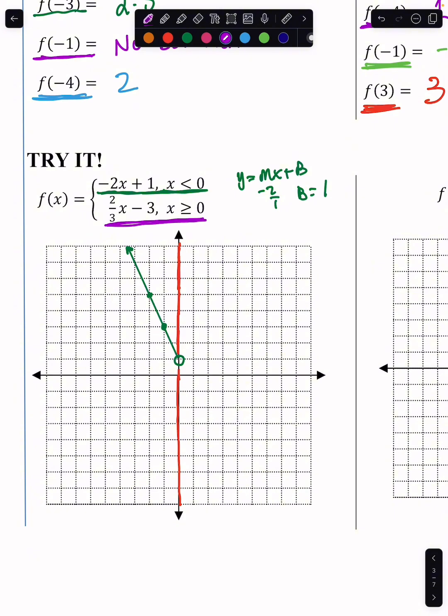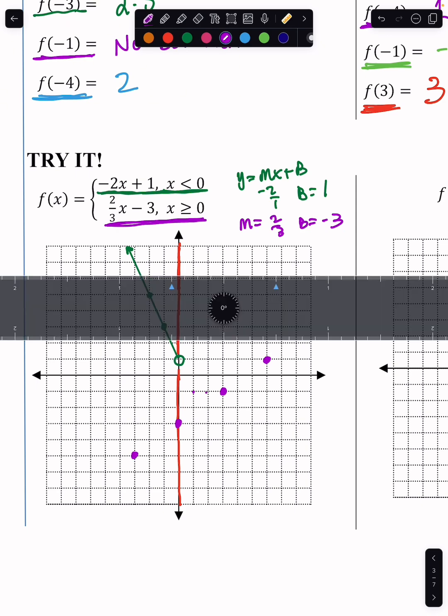I'm going to start at -3. Rise 2, run 3. Rise 2, run 3. Or I can go down 2, left 3. And there's that. Okay, let's do our handy dandy ruler. Draw my line. And beautiful.